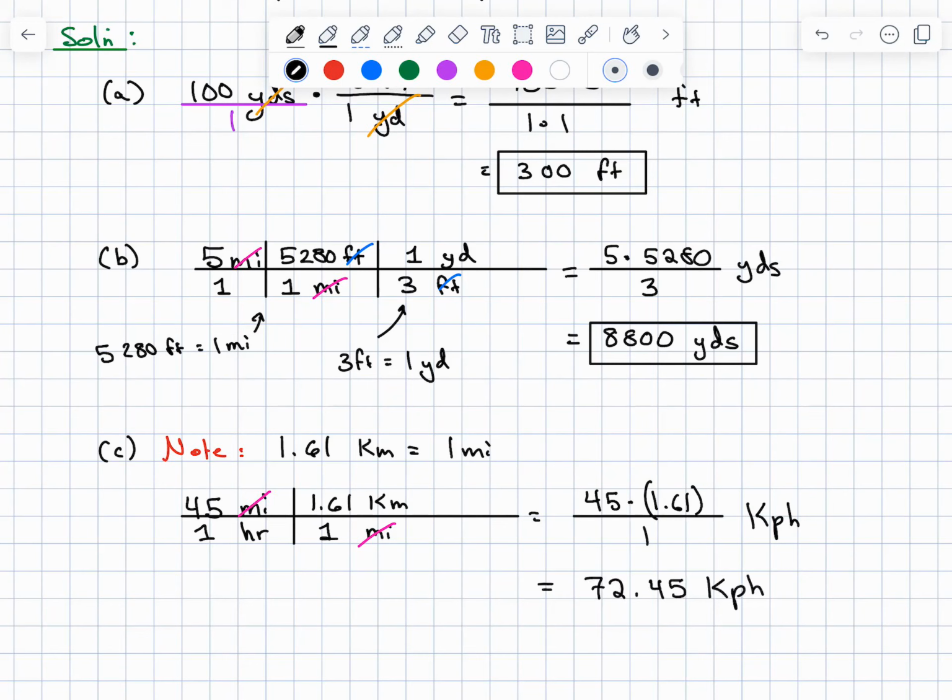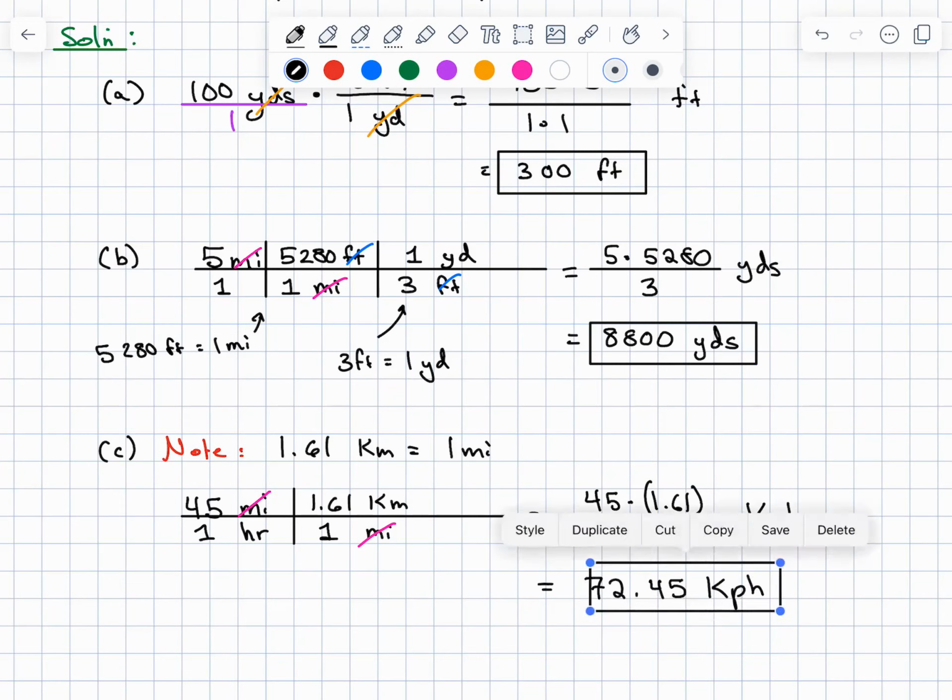And that number only had 2 decimal places, so we don't need to round. If there was a 3rd decimal place, then we would round. But since it's only 2, there's no number to look at to round to. Any questions on that? And that's 45 times 1.61. Yes, that's correct.